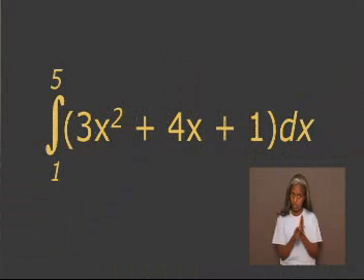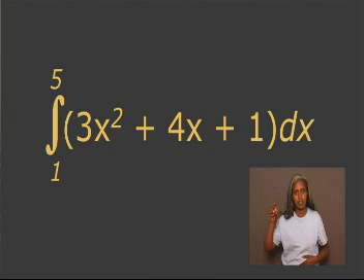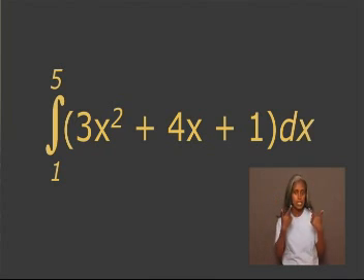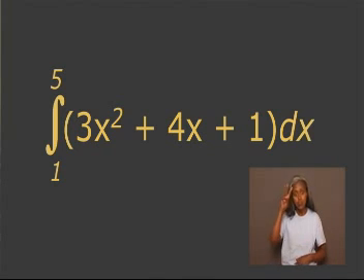Students, let us look at an integrand now. Consider the example: 3x squared plus 4x plus 1 dx between the limits of 1 and 5. To evaluate the integral, we first find the integral for the function and write it in square brackets.